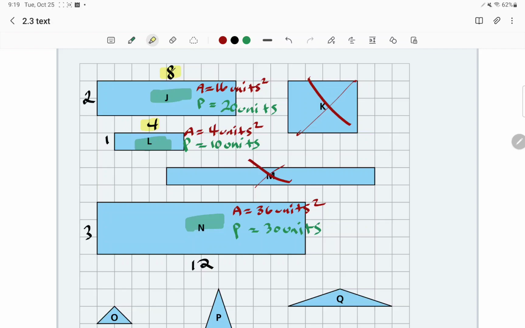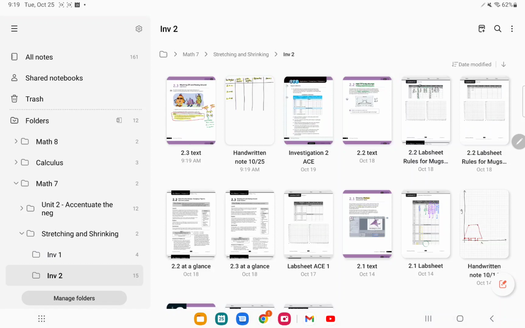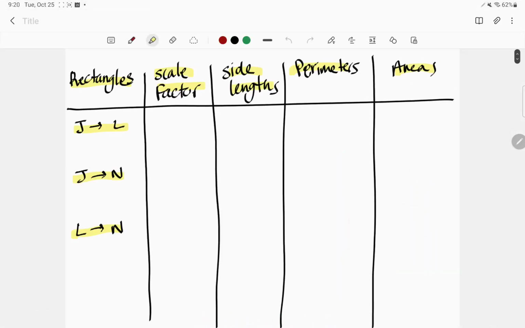What is it that we multiply to go from 8 to 4? What is it we multiply to go from 2 to 4? They should be the same thing because that will give us our scale factor. And in fact, we multiplied by 2. So 2 is going to be our scale factor here. Go ahead and do J to N and L to N.